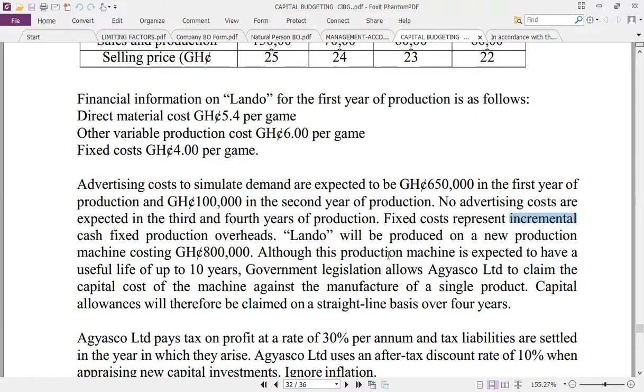Lando will be produced on a new production machine costing 800,000. Although this production machine is expected to have a useful life of up to 10 years, government legislation allows Ajasco Limited to claim the capital cost of the machine against the manufacture of a single product. Capital allowances will therefore be claimed on a straight line basis over a 4-year period.